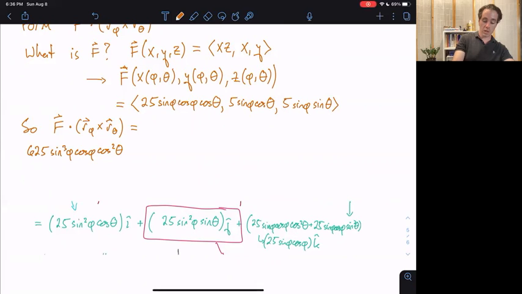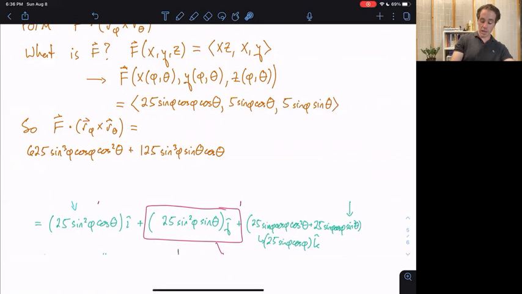So now these two are taken care of. That part of the dot product is done. Now it's plus this guy times this guy. Plus 5 times 25 is 125 sine cubed of phi once again, sine of theta, cosine of theta. All right, next component.